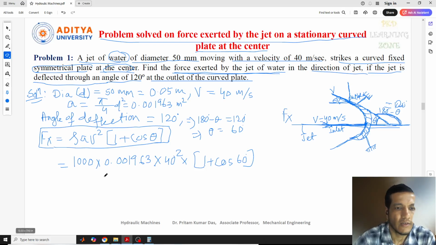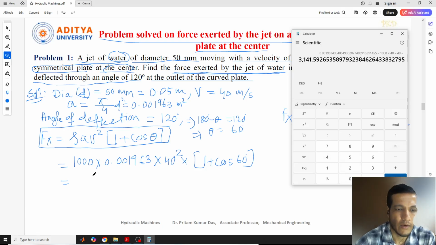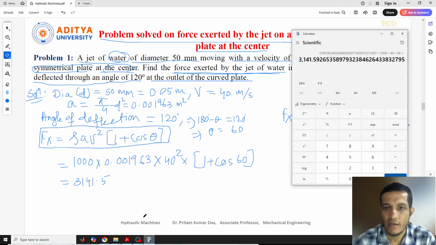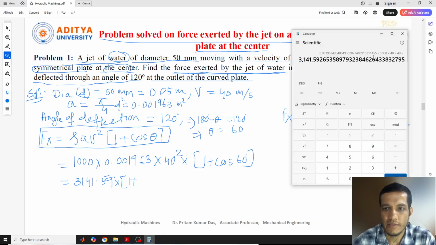So now we can multiply here. Multiply 1000, again multiply 40 into 40, and we get 3141.59 into 1 plus cos 60.